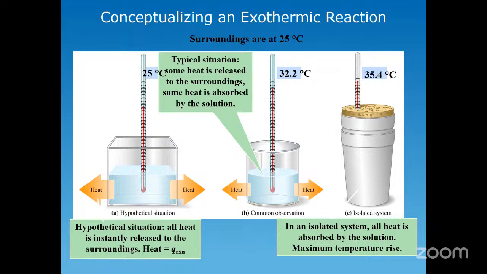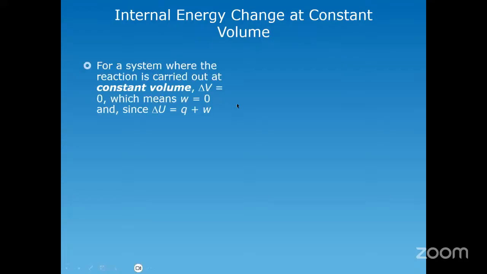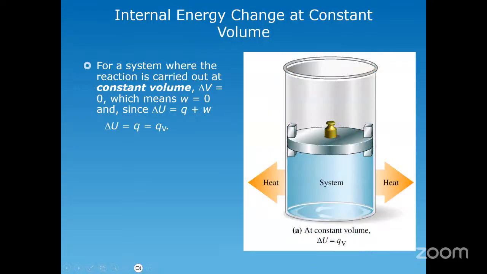Okay, so let's talk about some other aspects of this topic. We're going to look at what happens when you have an internal energy change when the volume does not change, right? So we're going to go back to an equation that we saw earlier, which is delta U is equal to Q plus W, right? Now, W, let me write this down here.